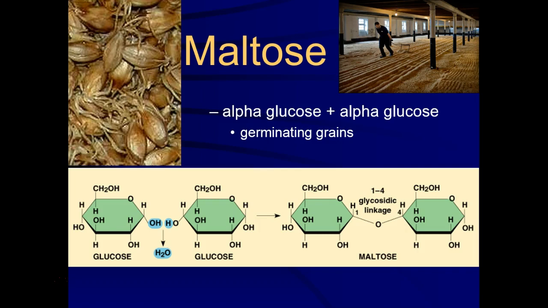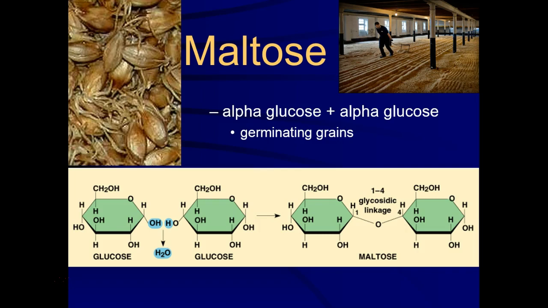In this little picture here, you see a strange room, and what that is is rye or barley, right? And you can see they're raking it and everything. Well, in order to generate maltose, they'll take that seed, that grain, and put it in a place that would seem perfect for a grain to germinate.